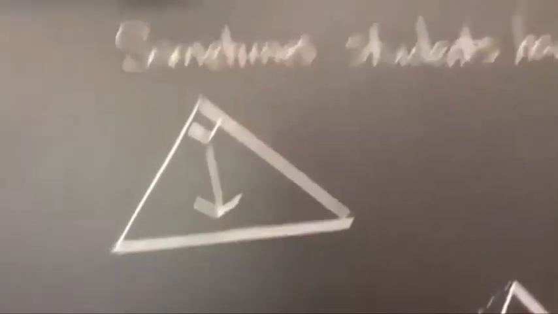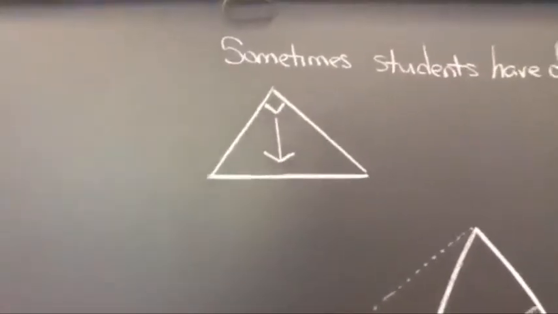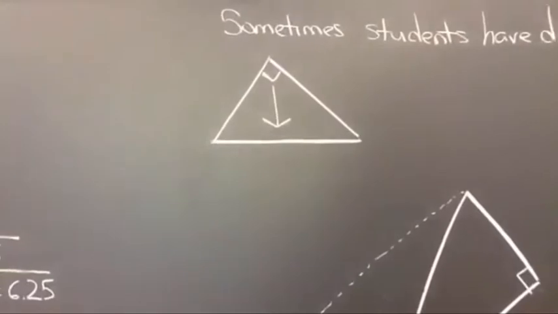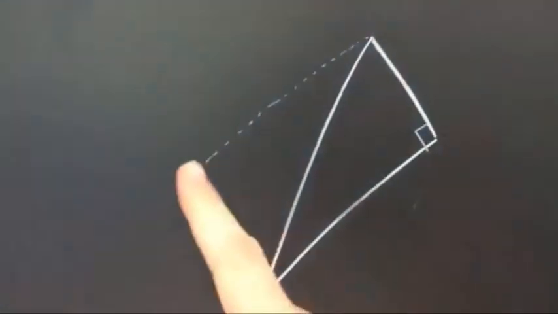But when people look at a picture, not everybody sees the same thing, unfortunately. So perhaps this might be another way that would help. Take a right triangle, and if you're having difficulty identifying what the hypotenuse is, imagine making a rectangle out of it. Just imagine.